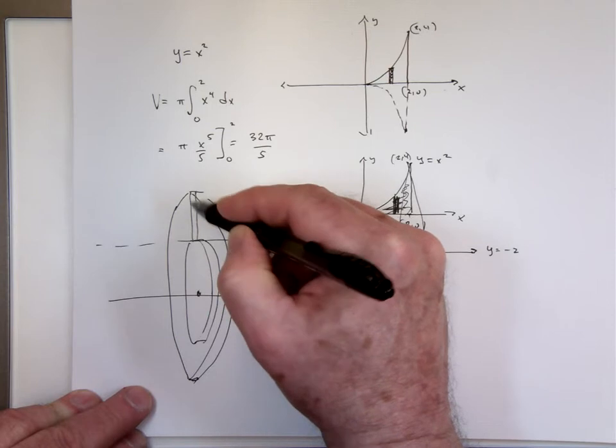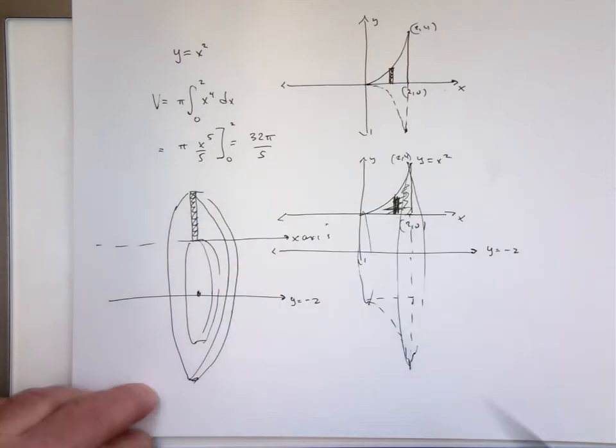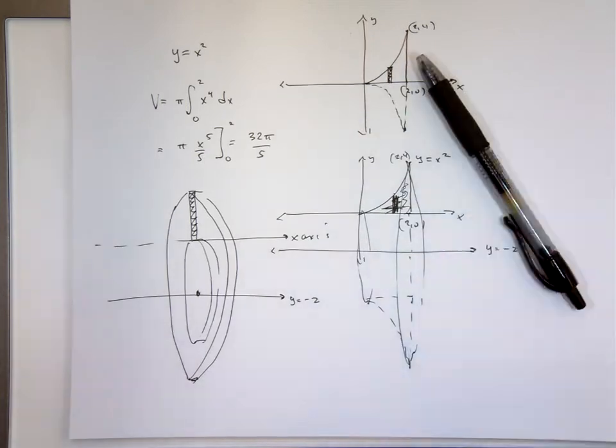Here's my rectangle, here's my x-axis, and here's the line y equals -2. I'm going to take this about the line y equals -2. It's going to generate this. That's what that thing is supposed to be.